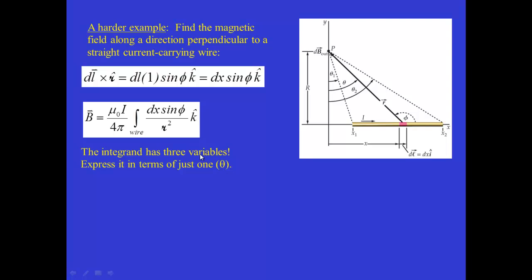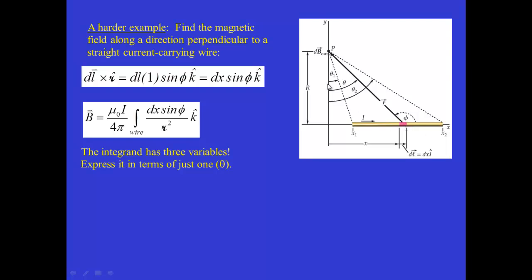Which one's easiest, it's hard to say ahead of time, and you'll get the same answer no matter which variable you convert the integrand into, but I will follow Griffiths and convert it into an integral involving a different variable, theta. And so theta is the angle that goes from the y-axis to the line that joins point P and the current element.